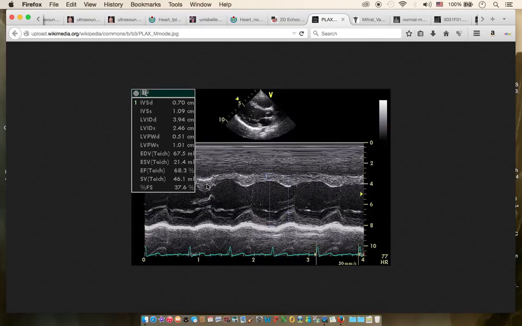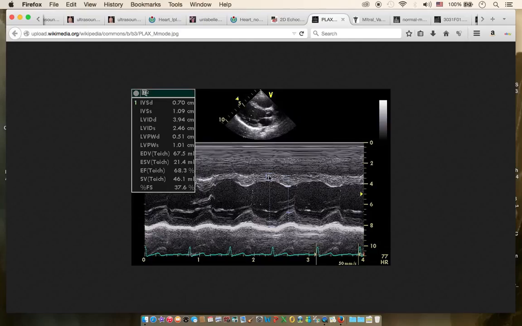So I cut the heart like this, vertically. And you see here, this is the interventricular septum, this is the interventricular cavity, and this is the posterior wall of the left ventricle.